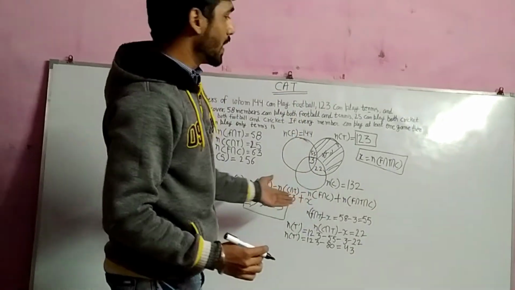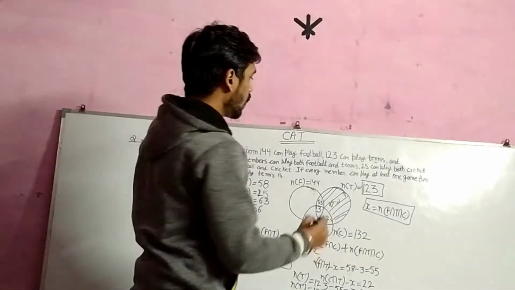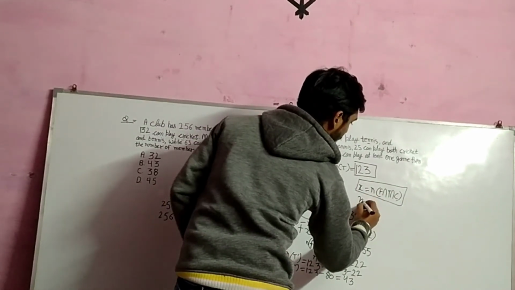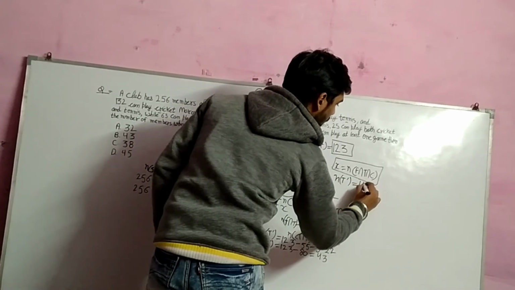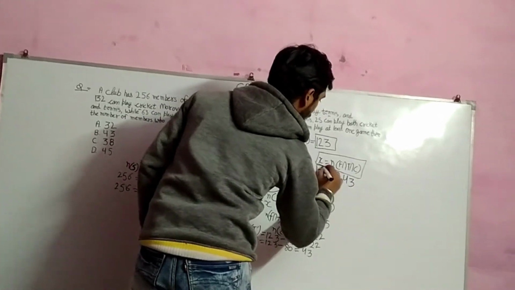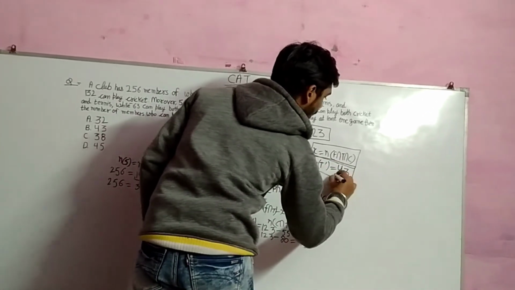This is what we required in the question. So our answer is n(T dash), that is 43. That is our answer.